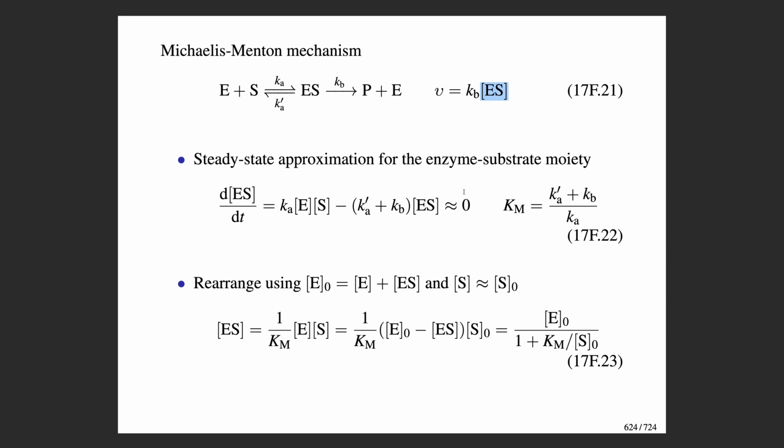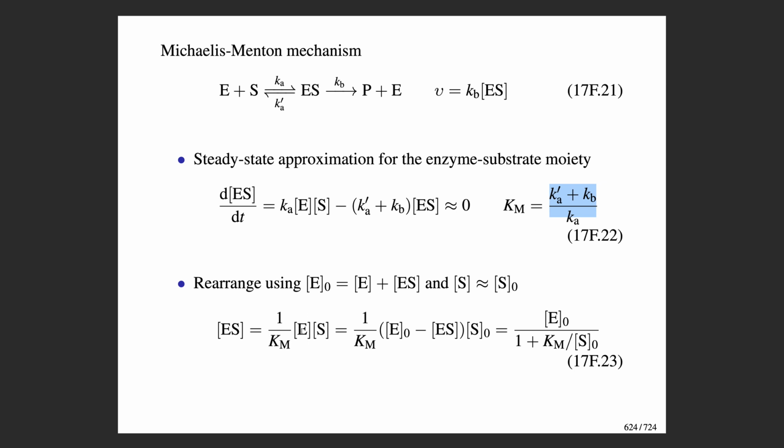Following the steady state approximation and setting that equal to 0 allows us to derive an expression for the enzyme-substrate complex, where this Km is the Michaelis-Menten constant. It's defined as Ka prime plus Kb over Ka.